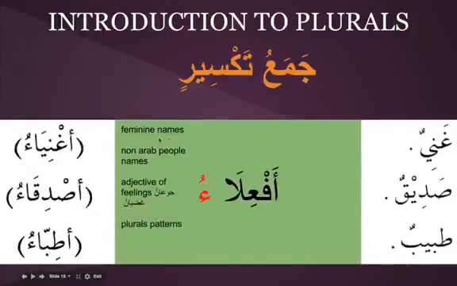We have learned before feminine names, and non-Arab people names like Ibrahimu, Ismailu, Ishaqu, Yaqubu, all of which are diptotes. And adjectives of feelings like jaw'anu, ghadabanu, rahmanu are diptotes. And now we know the plural patterns af'ila'u and fu'ala'u are diptotes too. There are many to come, inshallah. Slowly we will build our knowledge and vocabulary. So far we have learned these 4 patterns of mamnu' min as-sarf.